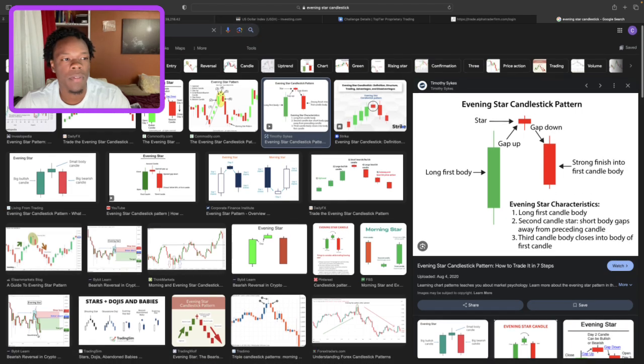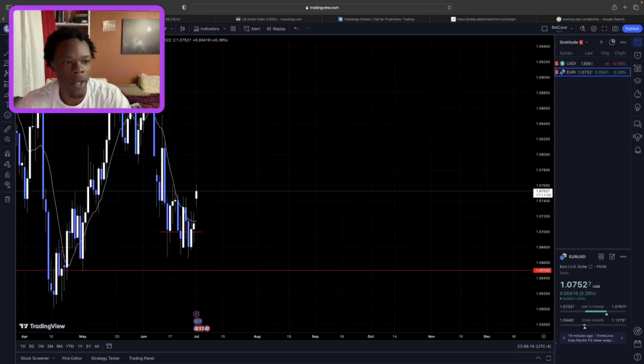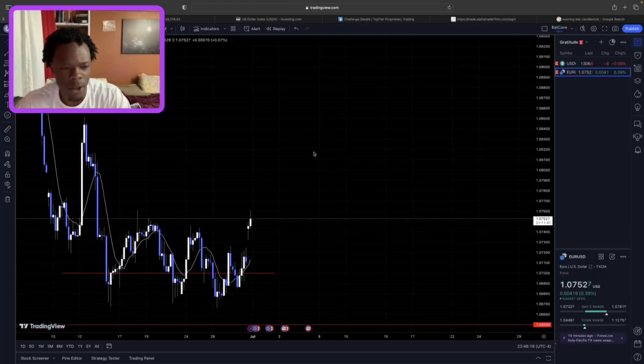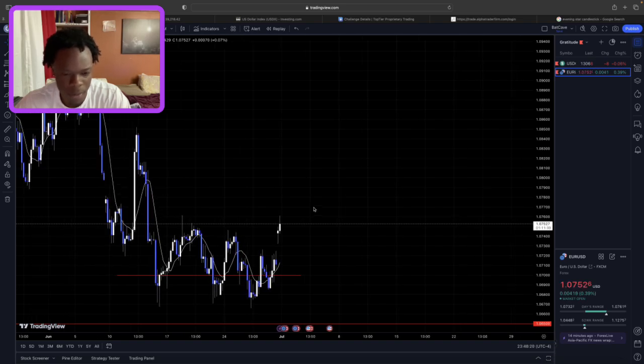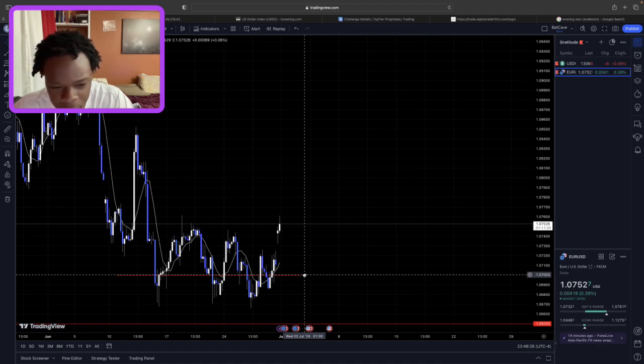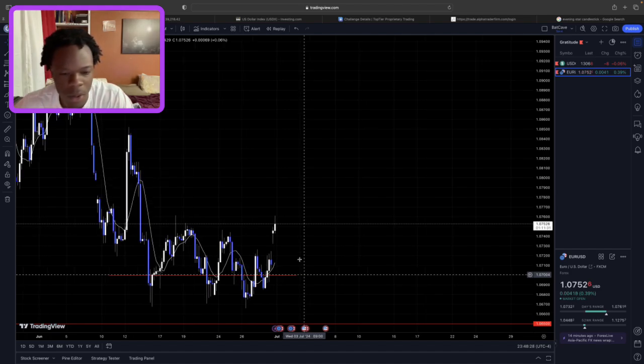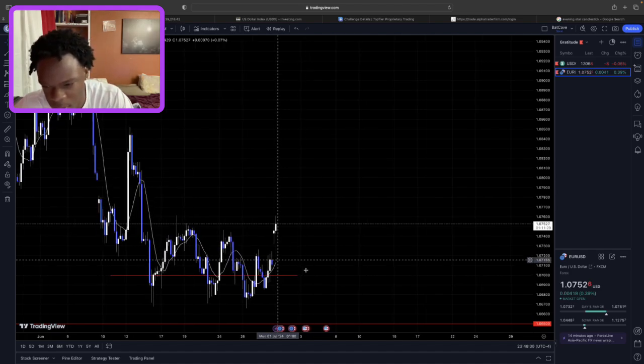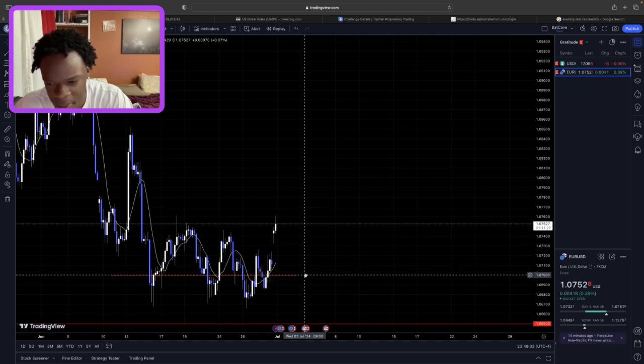So with that being said, that is what I am looking for when I'm looking to place my next trade. I'm looking for price action to at the very least create a bearish pattern in order to close this gap and possibly reach a TP level of 1.07.